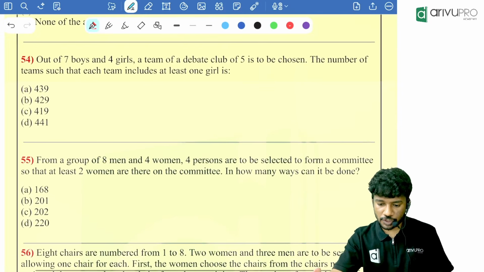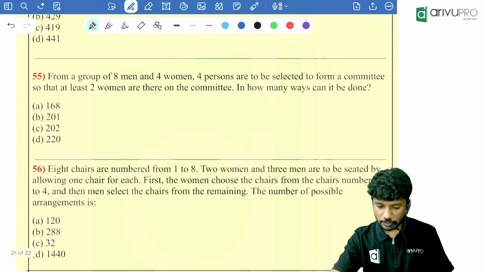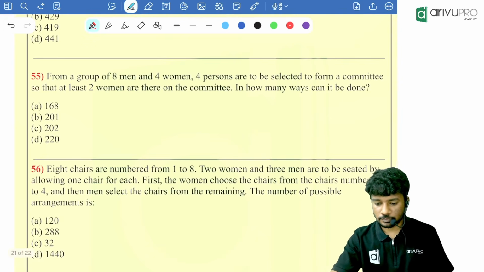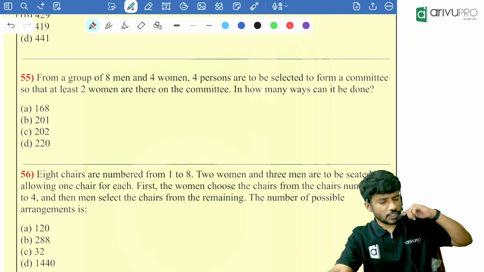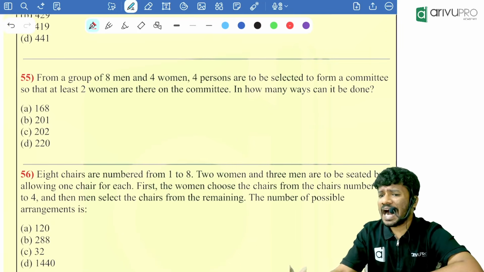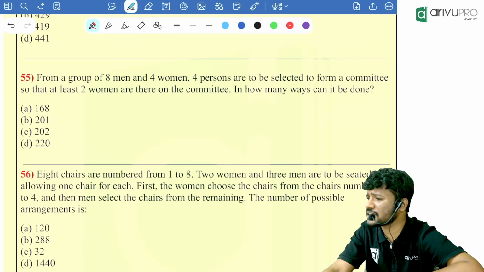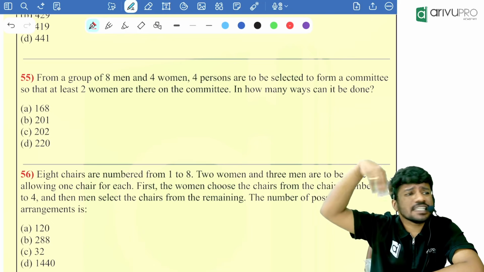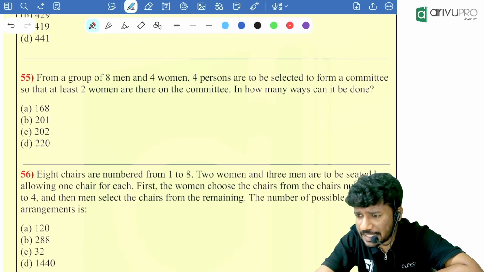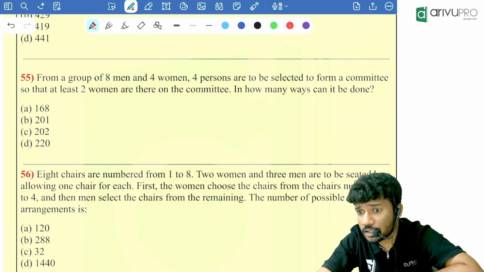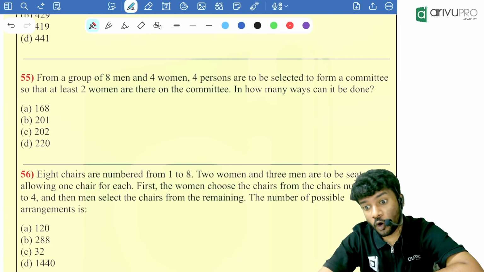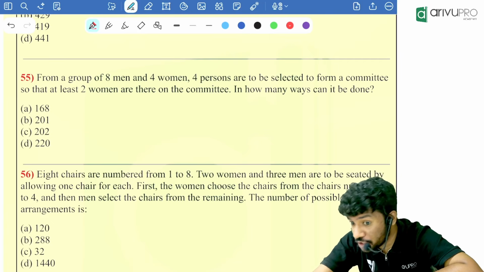I'll give you the question. Look at this question, everyone. 55th question. At least means what? You should get at least 200 marks. At least 200 means you should get 200 or more, or minimum 200 you should get.